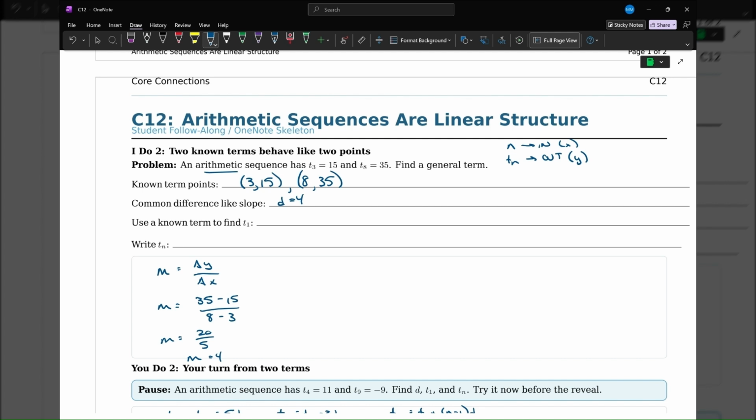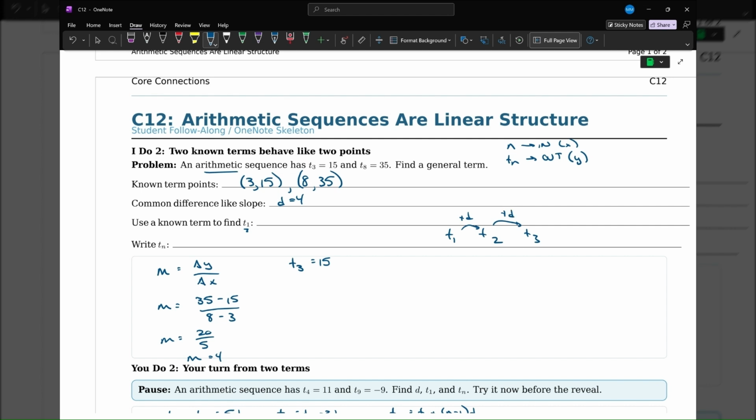Once I know that, let's go back and find T1. I know my third point is 15. The way I get to my third point, with T1, T2, T3, is that I've jumped up by d twice.